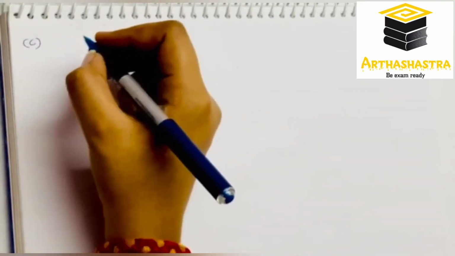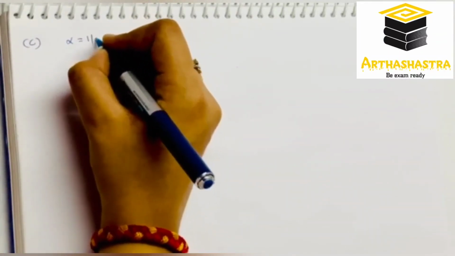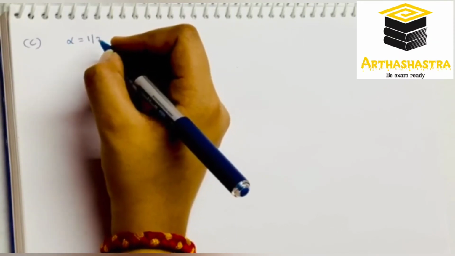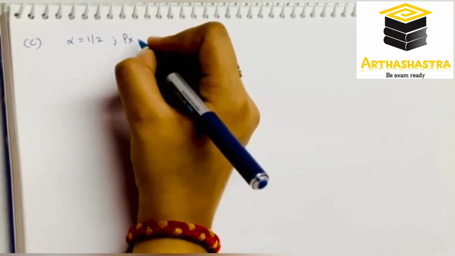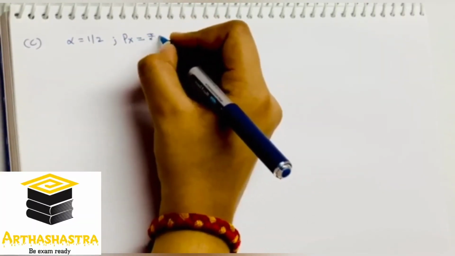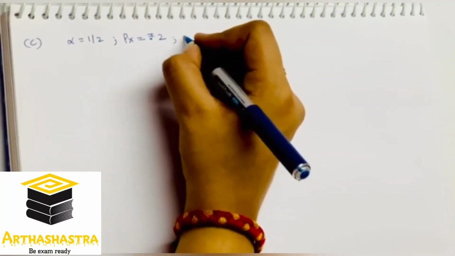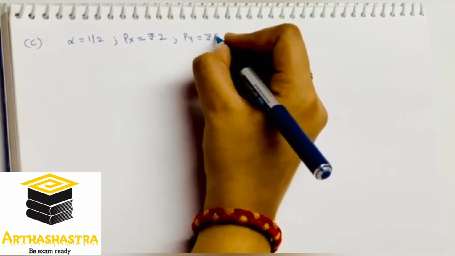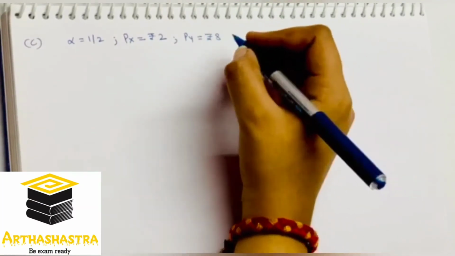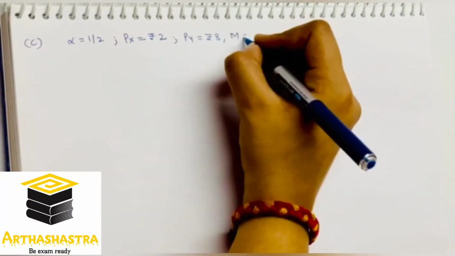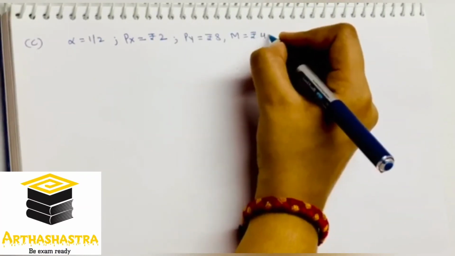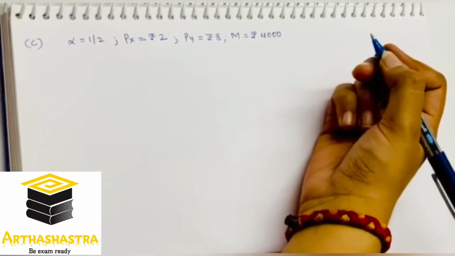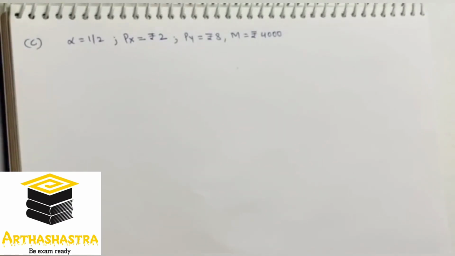We are given alpha as 1 by 2, price of x as rupees 2, and price of y as rupees 8. Given m as rupees 4,000.